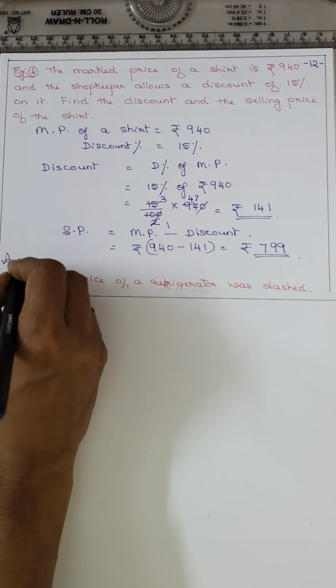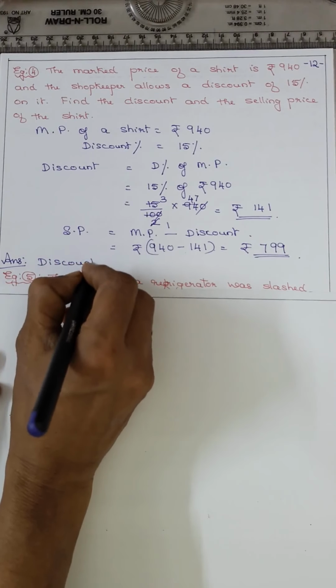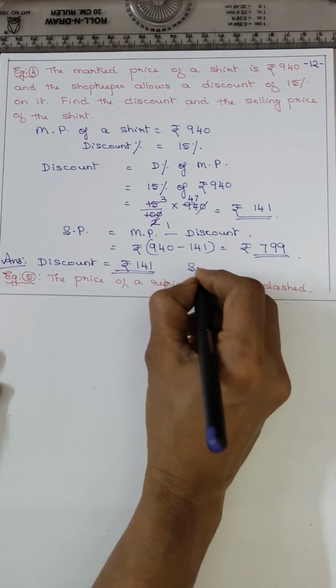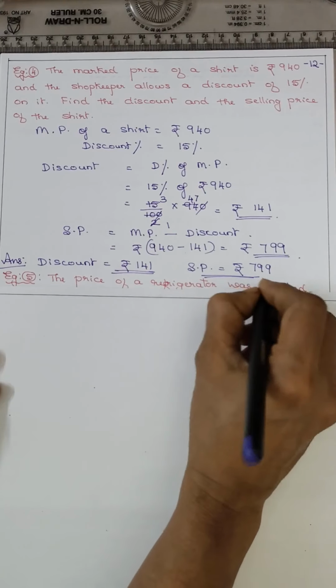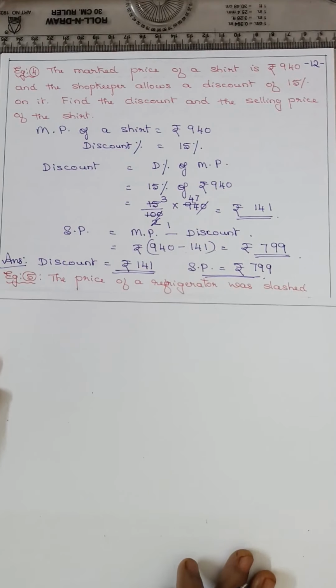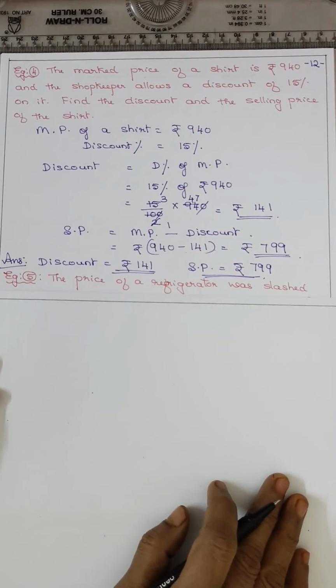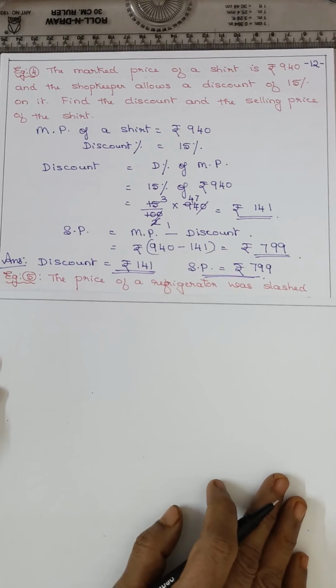So answer, discount is equal to rupees 141 and SP is equal to rupees 799. Understood? Directly if they ask the SP, when MP and discount percent is given, then use that formula. Otherwise this also you can do, but that is comparatively easy. Directly you put the formula and find out.